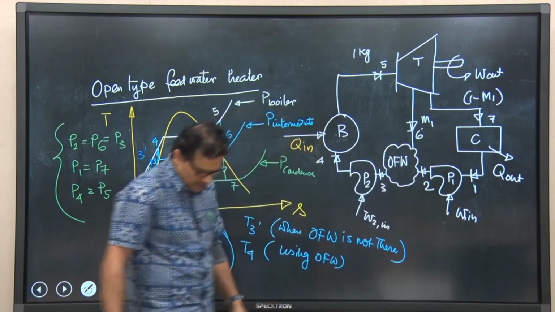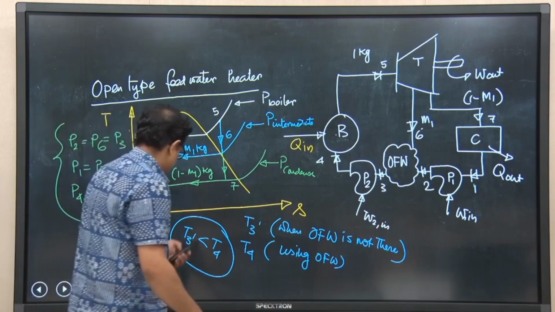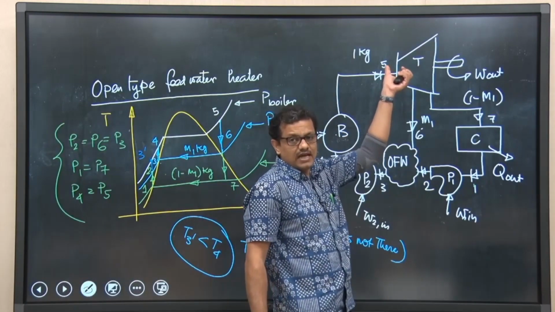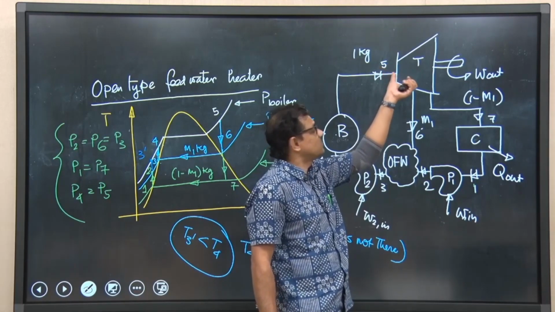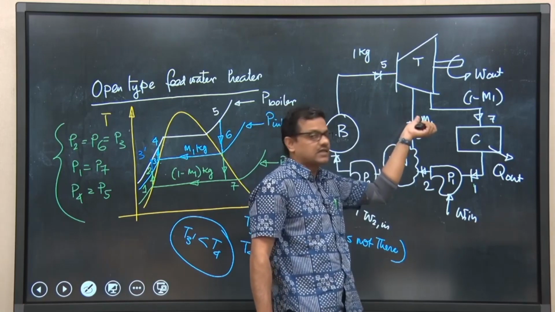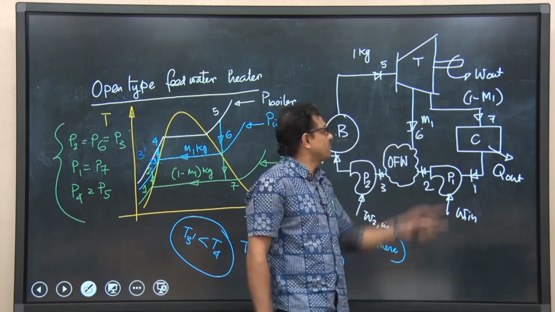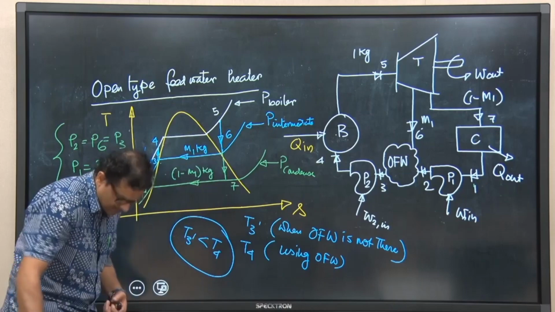So, what would be the W out? As if we supply 1 kg of steam to the turbine, then 1 kg will expand from H5 to H6, and the remaining 1 minus M1 kg will expand from H6 to H7.